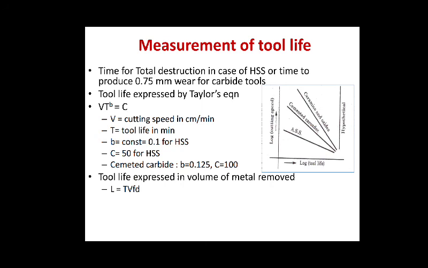For cemented carbide, b is 0.125 and C is 100. Tool life expressed in volume of metal removed: L = TV into FD.